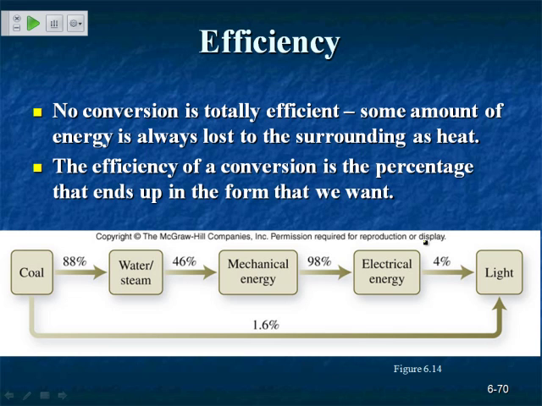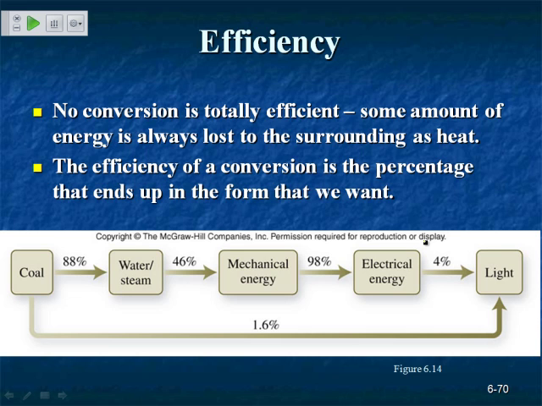And again, efficiency is the percentage that ends up in the useful form. Now, just for an example, consider one of those old fashioned light bulbs, not the energy efficient light bulbs. What is the efficiency?